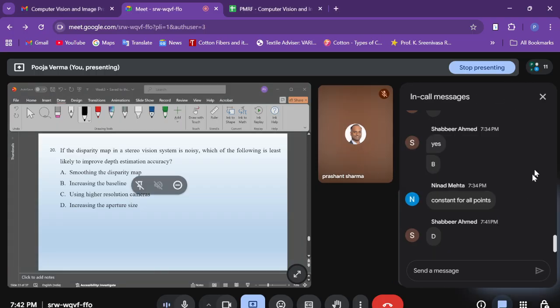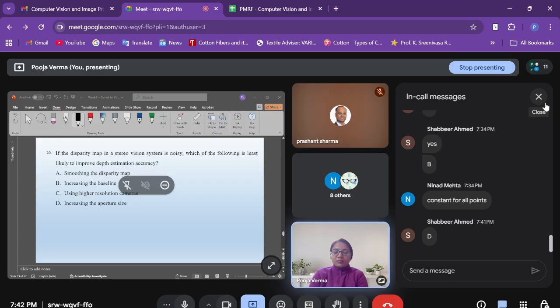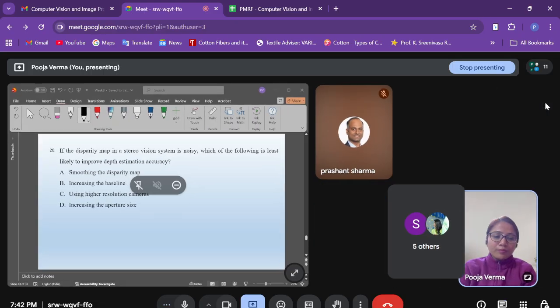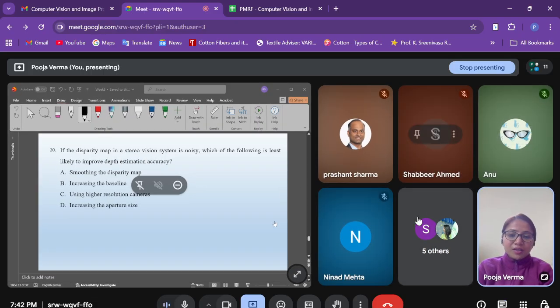Okay, option D. Anyone else? If the disparity map in a stereo vision system is noisy, which of the following is least likely to improve depth estimation accuracy? Any answer or any guesses? Anything?